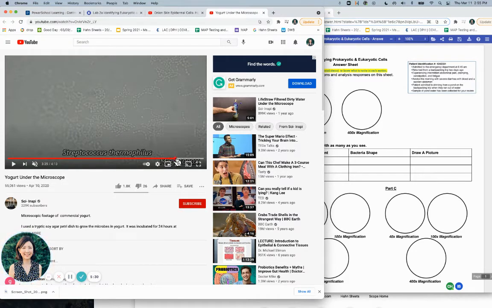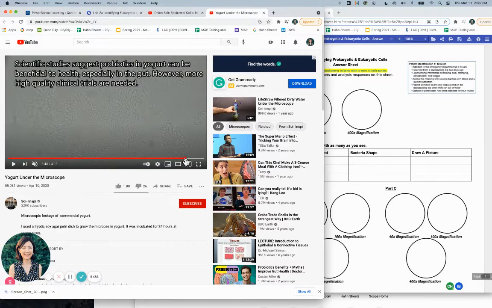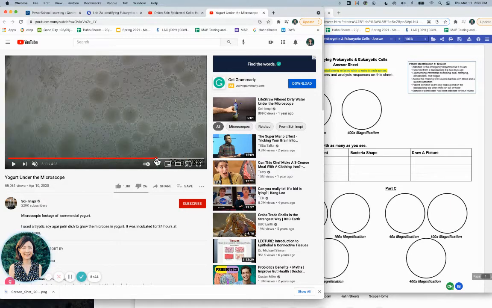And then here is the rod-shaped bacteria, Lactobacillus. Okay. And if we go back, we missed the 100 magnification. Here's 100 magnification. Very hard to see, just tiny little dots.